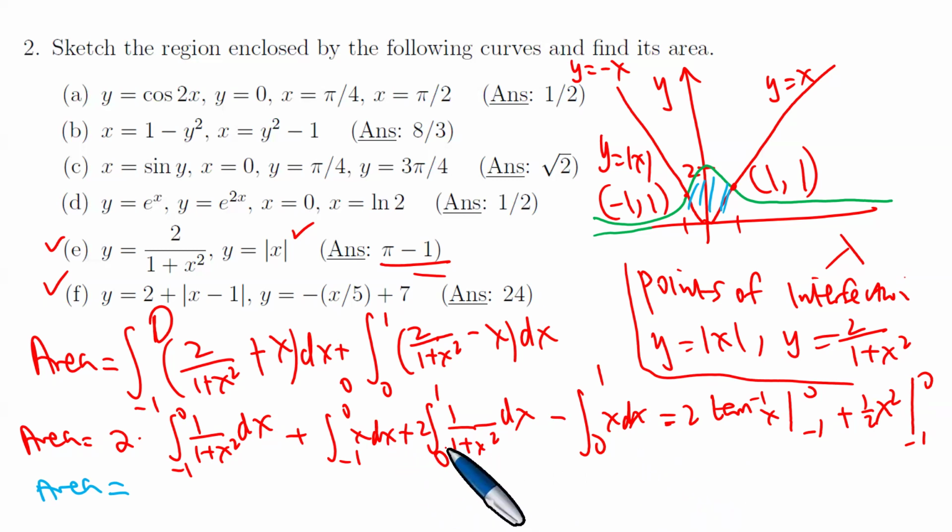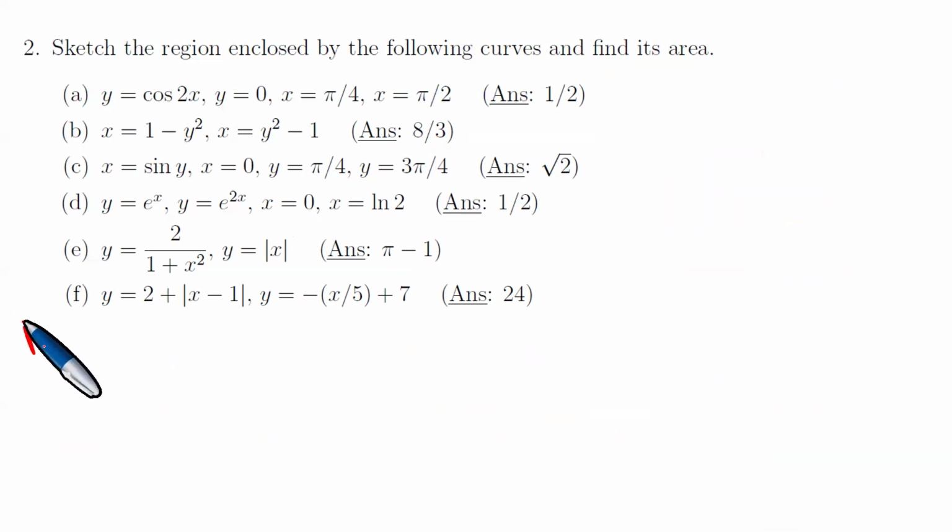For this one, it becomes 2 arctan x from 0 to 1 minus 1/2 x squared from 0 to 1. Area.